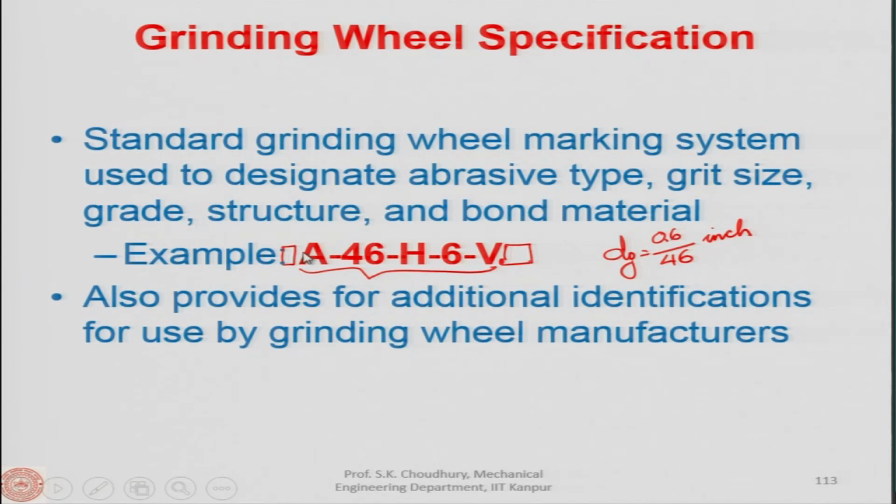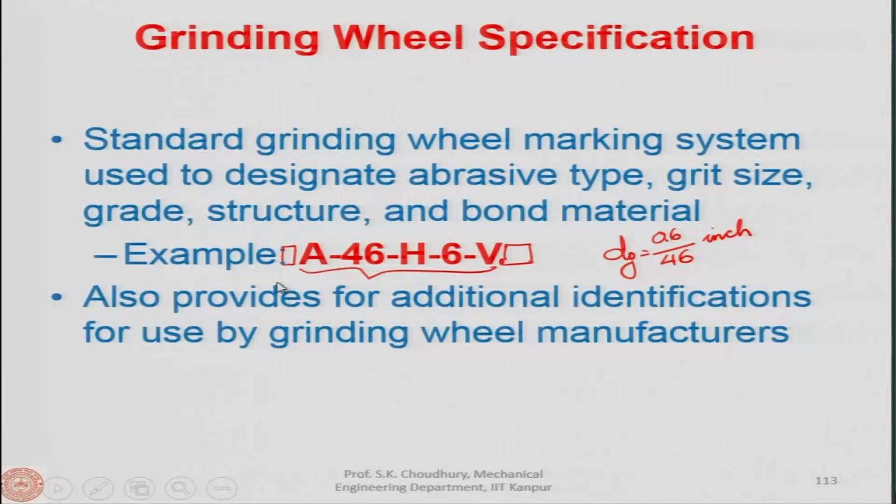Like you must remember what we have discussed, the tool nomenclature, let us say the turning tool nomenclature. There we had the 6 angles and the tool nose radius. By 7 parameters we were defining the type of tool that we are using. Similarly, in the case of the abrasive wheel also, we designate the abrasive wheel performance by this.